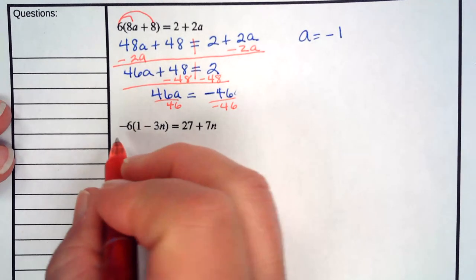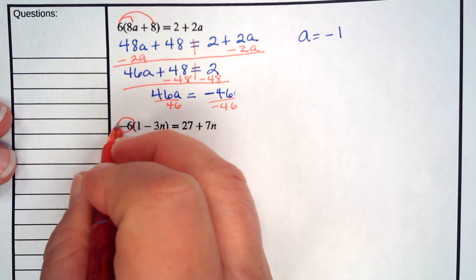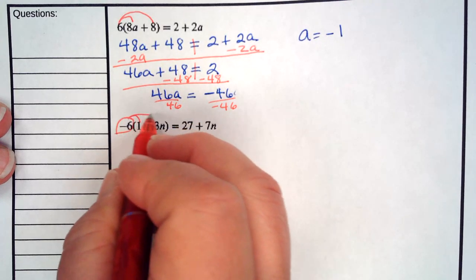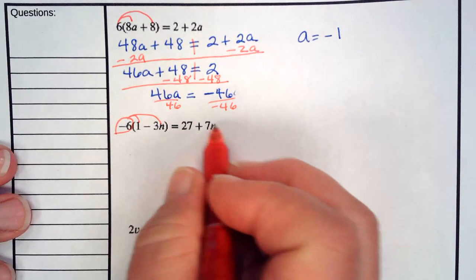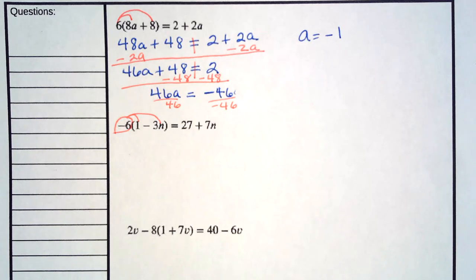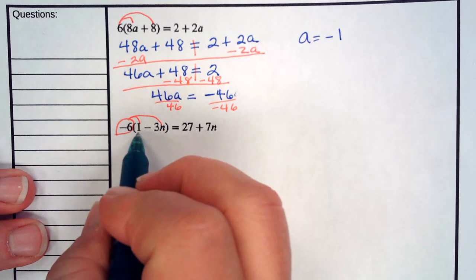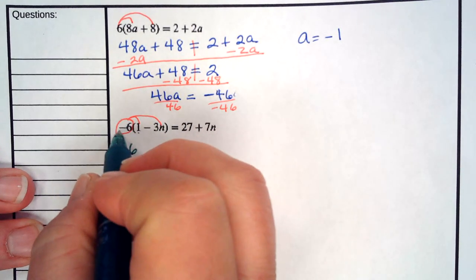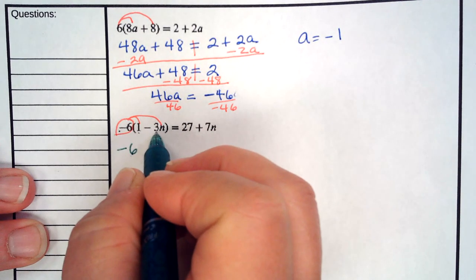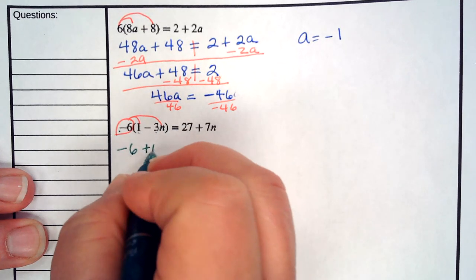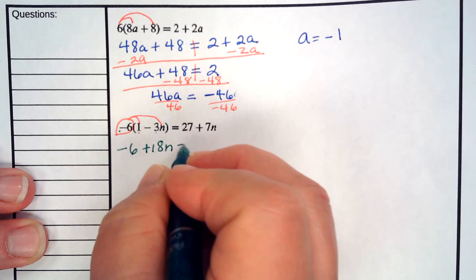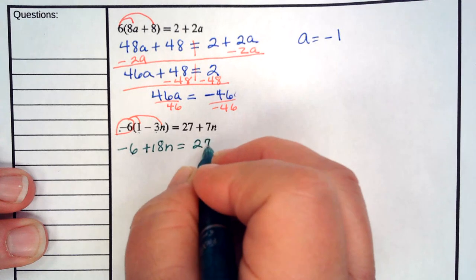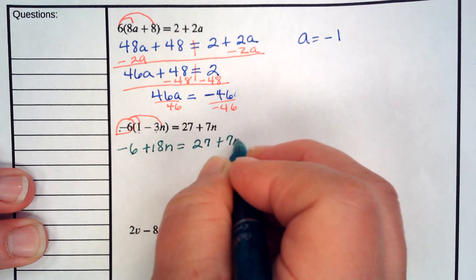So for the next one, we're multiplying by negative 6. This side is simplified. Negative 6 times positive 1 is negative 6. Negative 6 times negative 3n is positive 18n. 27 plus 7n.